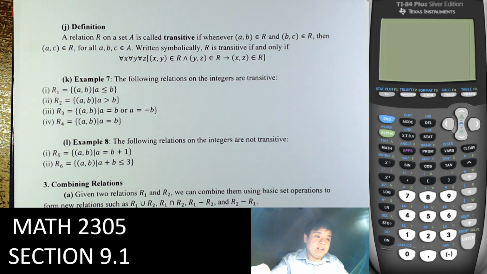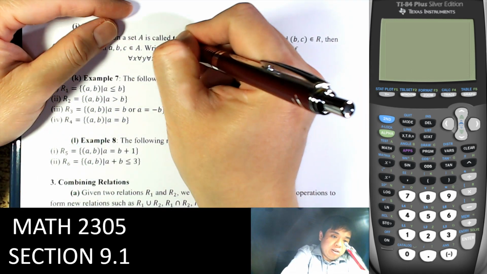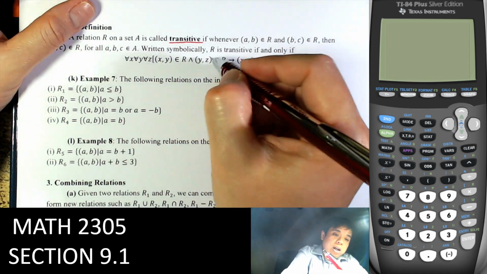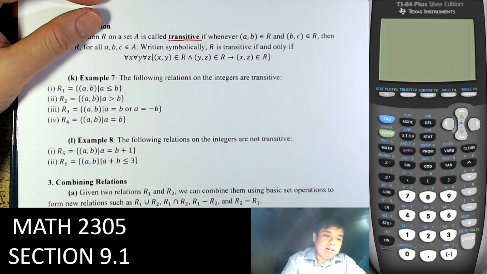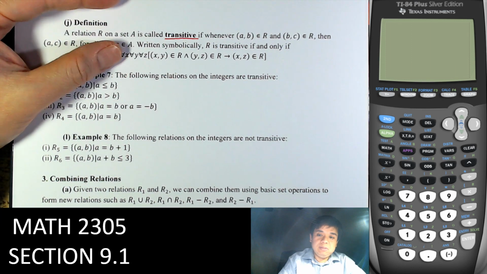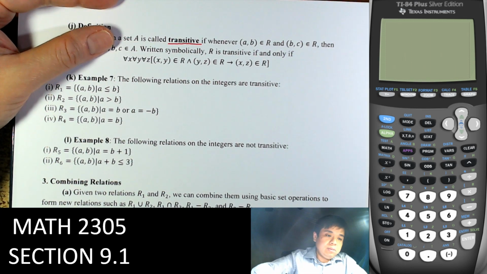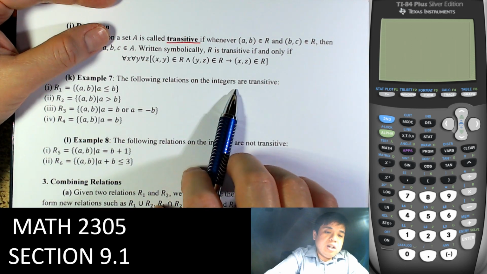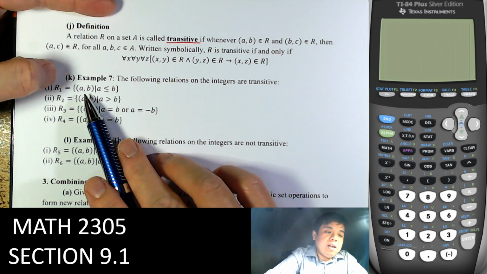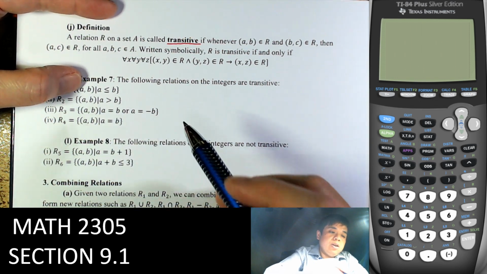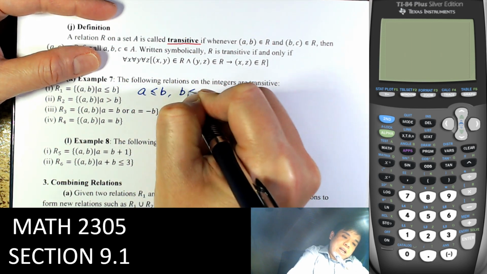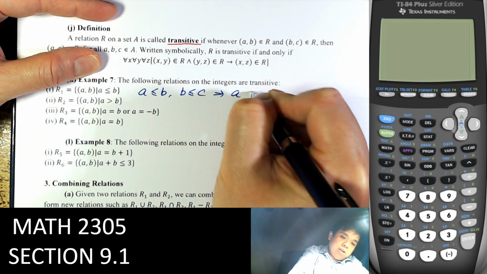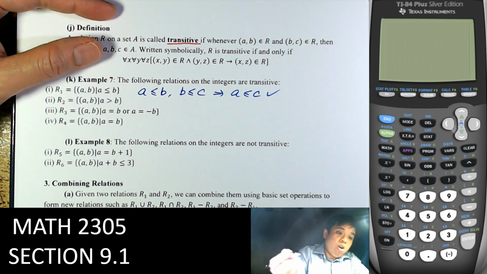Now we have transitive. Now this is easier. Transitive means if X relates to Y and Y relates to Z, so X to Y, Y to Z, then X to Z. That's the relation. The following relations on the integers are transitive. A less than or equal to B, B less than or equal to C imply A less than or equal to C. Yeah, that's obviously true.